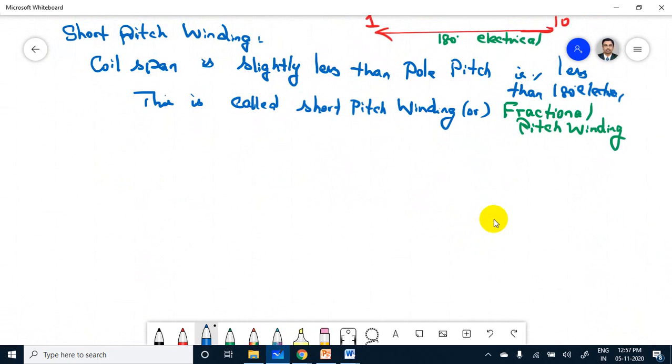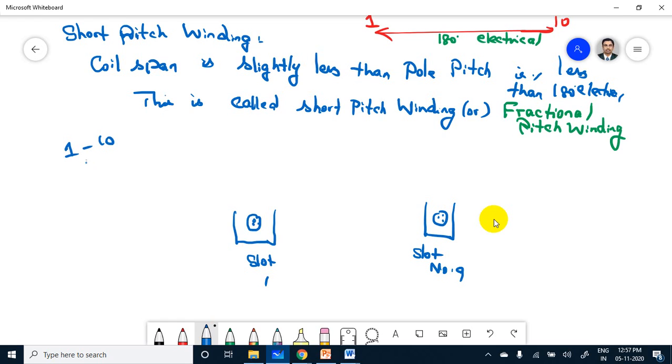So how is the structure of this short pitch winding? Conductor, slot. Okay, this is slot number 1. Now this is the conductor, this is slot number 9. Normally, for conductor 1 to 10, the angle is 180 degree.